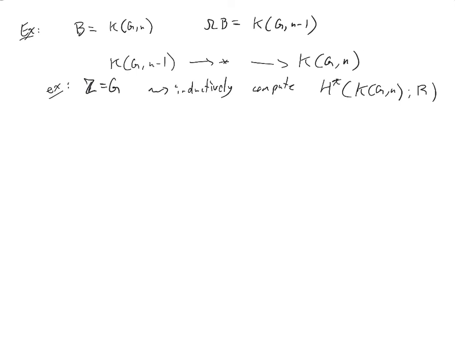So for instance, if we try to do this integrally, which is often the hardest, for the integers, we could start with the fact that I know K(Z,1) is S1, and K(Z,2) is CP infinity, and I understand both of their cohomology rings very well, and try to compute the cohomology of K(Z,3) and see what you get.